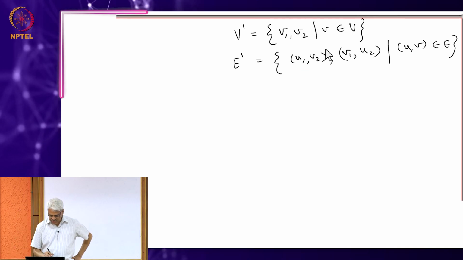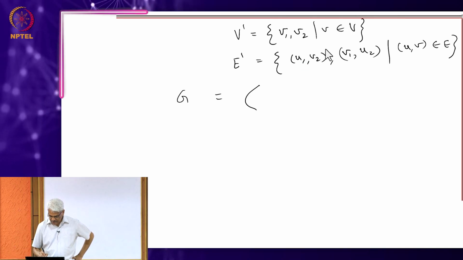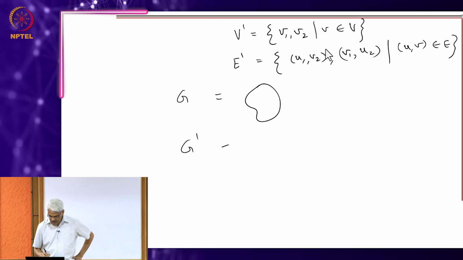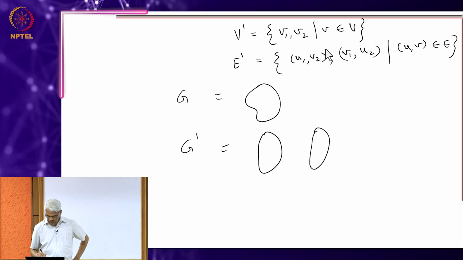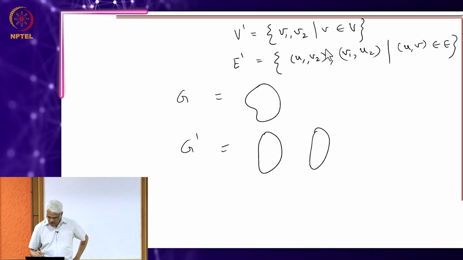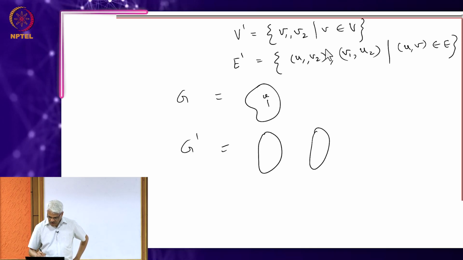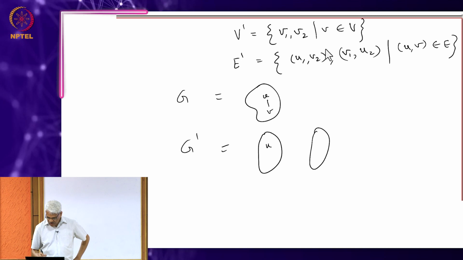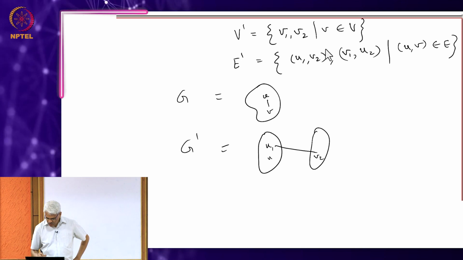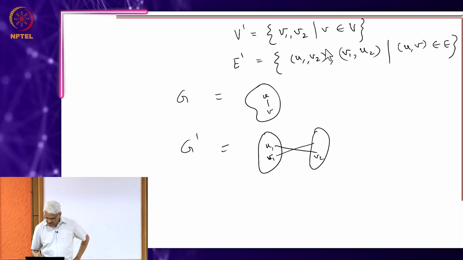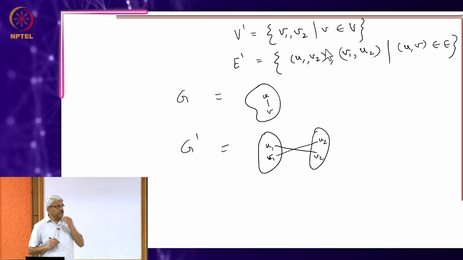Here is my graph G. My G prime has two copies of the same vertex set, and whenever there is an edge U comma V, this U1 will be adjacent to V2 and this V1 will be adjacent to U2. So this is my G prime.